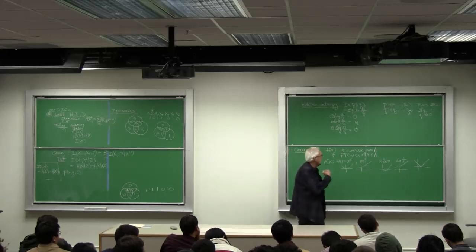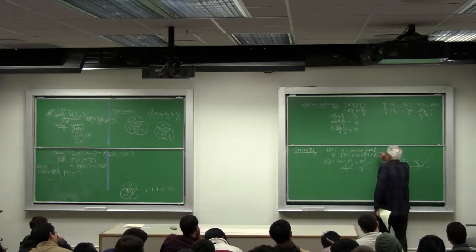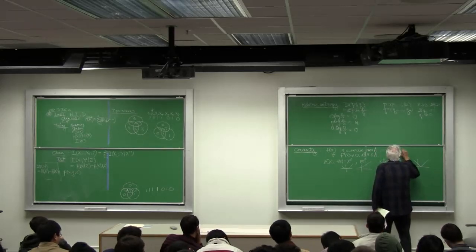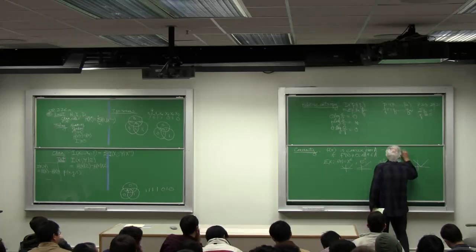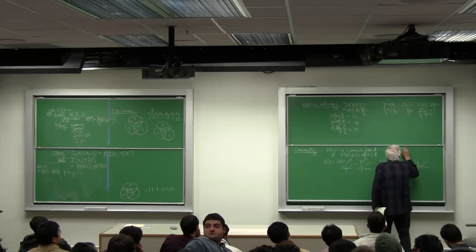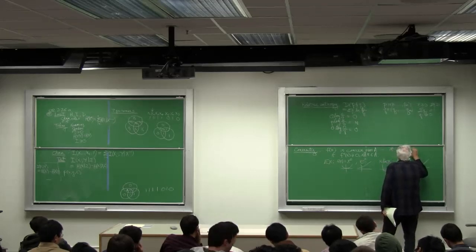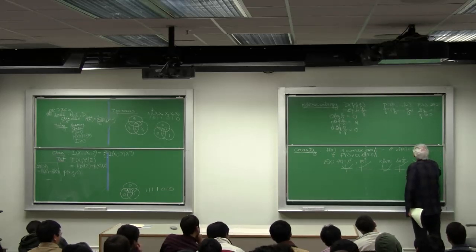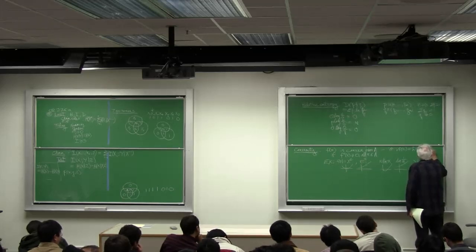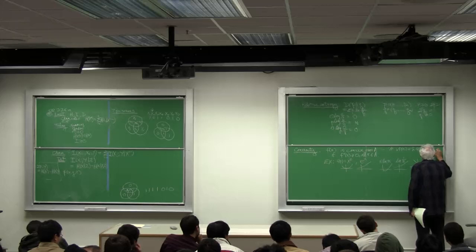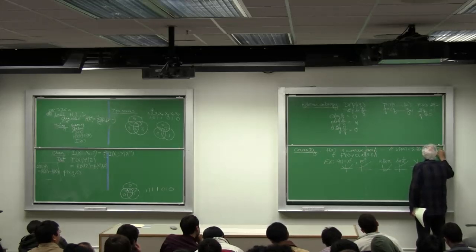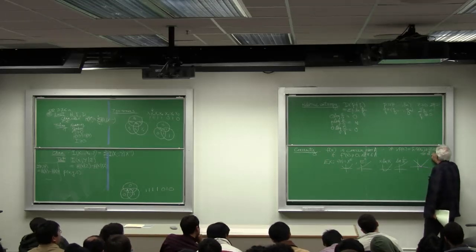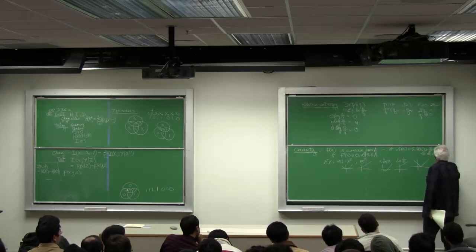The all-encompassing definition is: f is convex over A if lambda f of x1 plus lambda bar, that's 1 minus lambda, f of x2 is greater than or equal to f of lambda x1 plus lambda bar x2, for all x1, x2 in A.